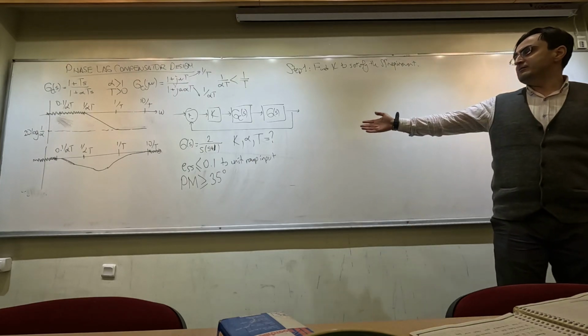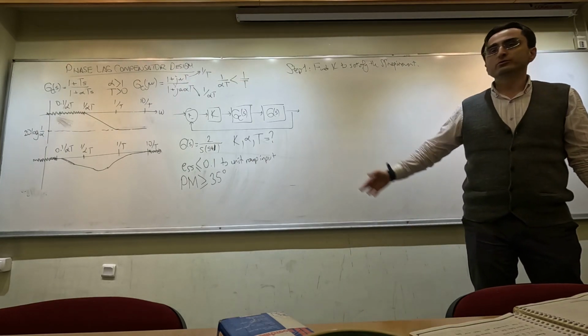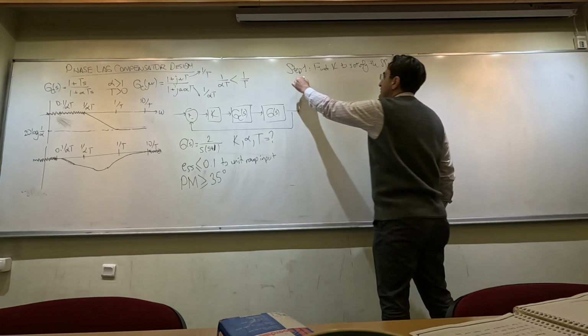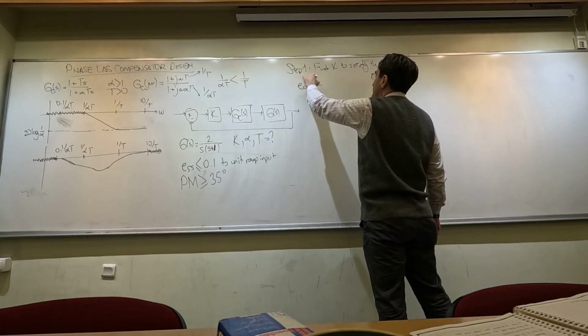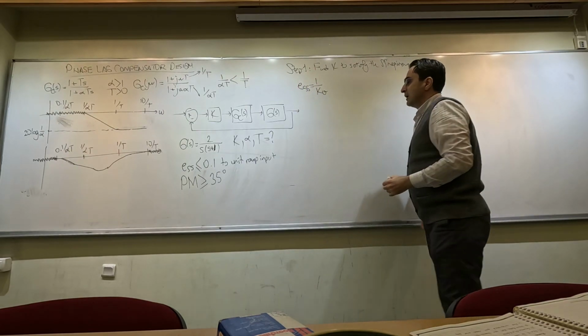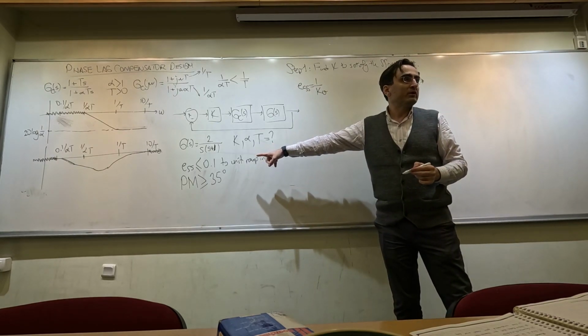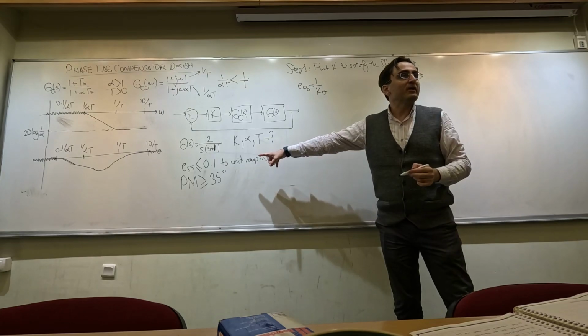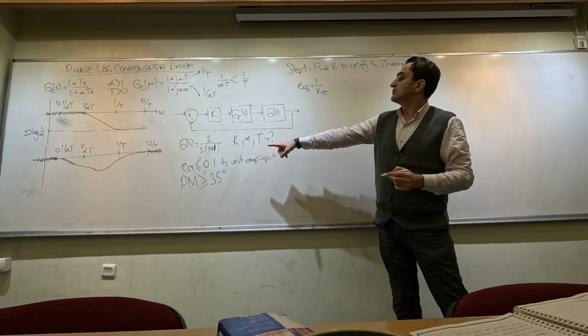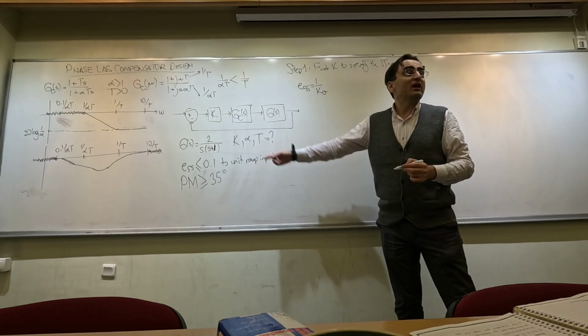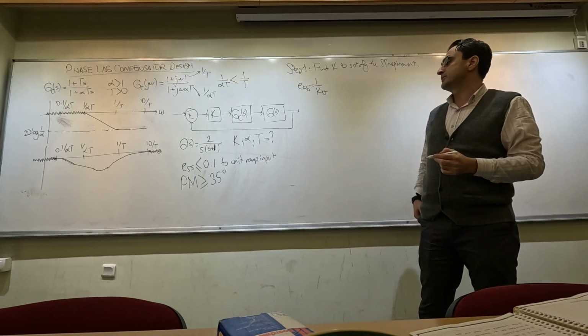In this case, we have a steady state error requirement to unit ramp. So we have, therefore, E steady state is going to be 1 over kV. And we want E steady state smaller than or equal to 0.1. So what is the smallest value of K, or the largest value of kV that we have to use here?